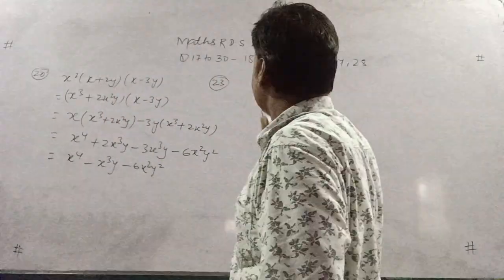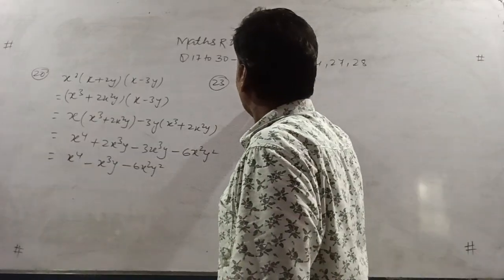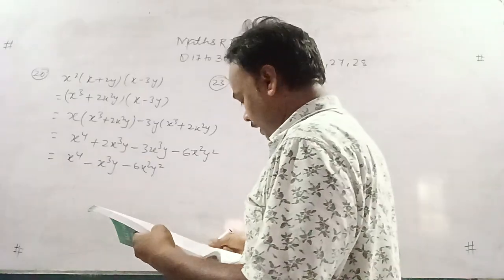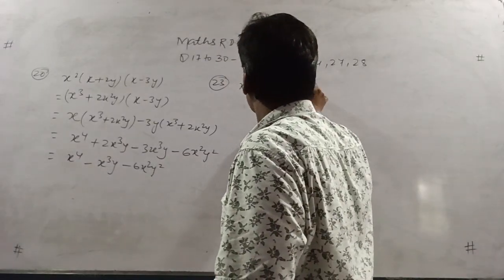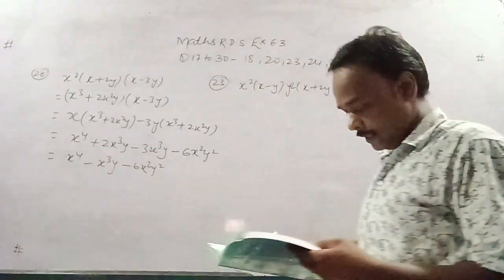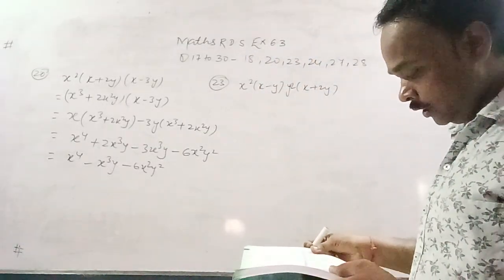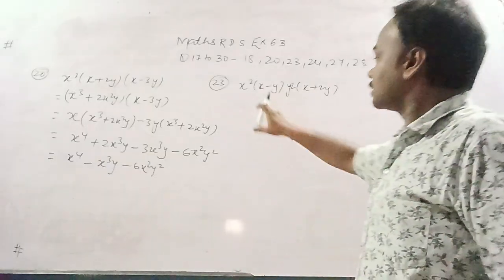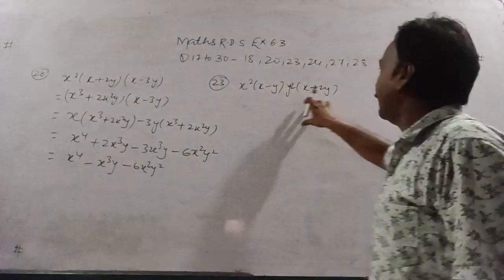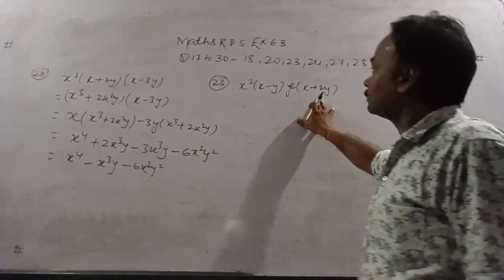x square into x minus y, y square into x plus 2y. Here x square is a monomial, x minus y a binomial, y square a monomial, and x plus 2y a binomial.